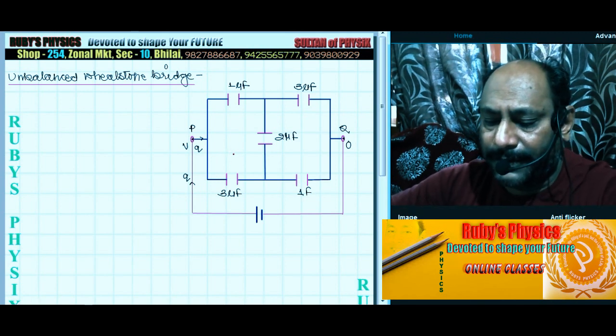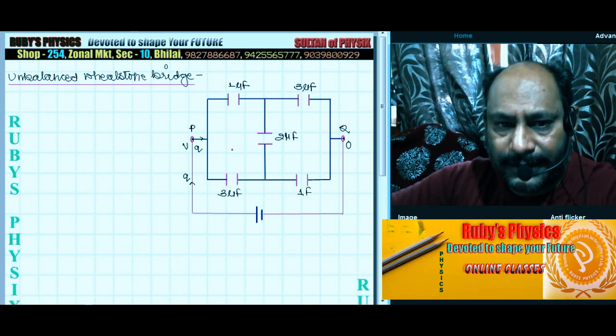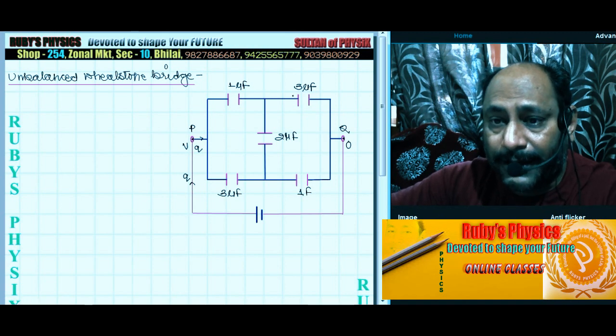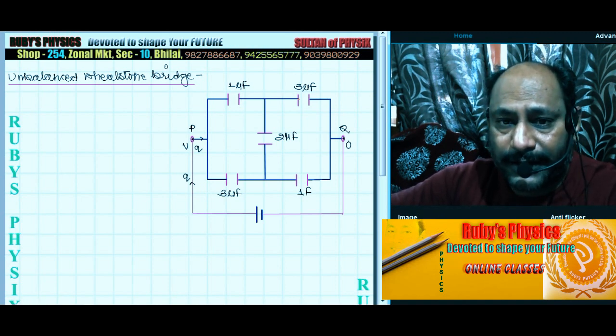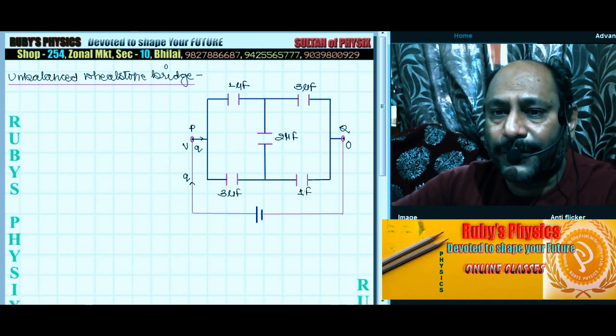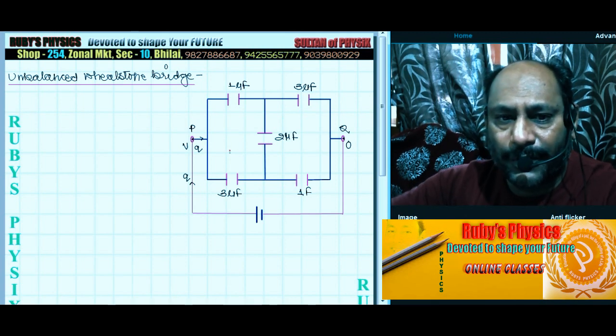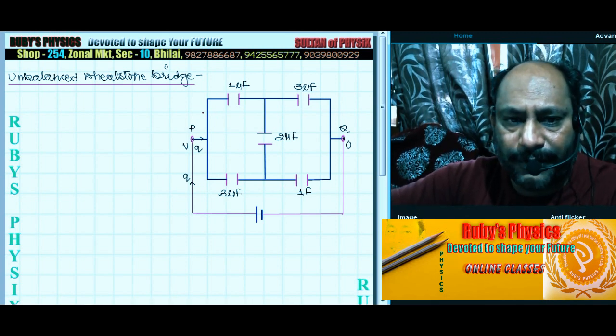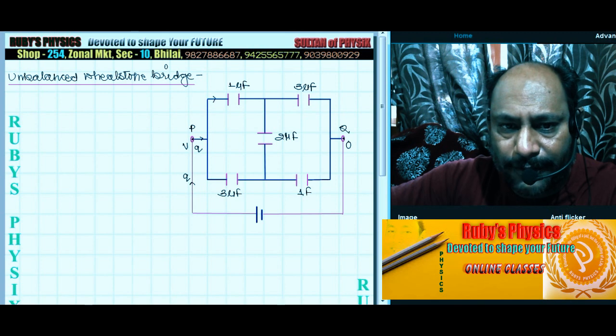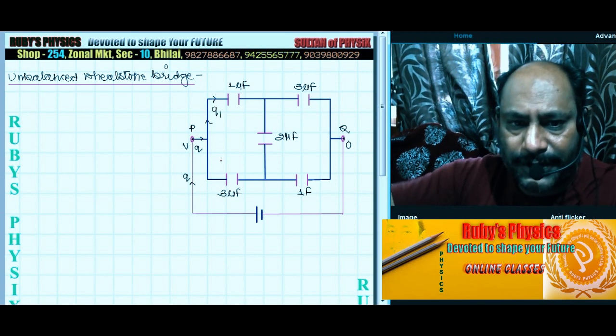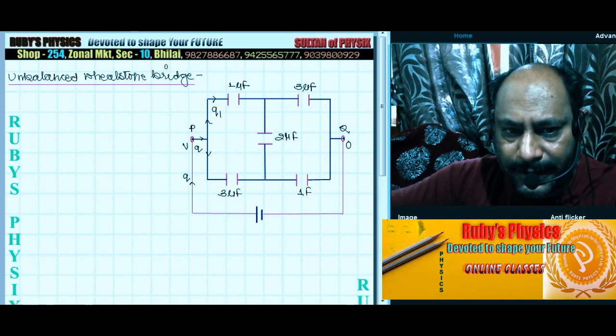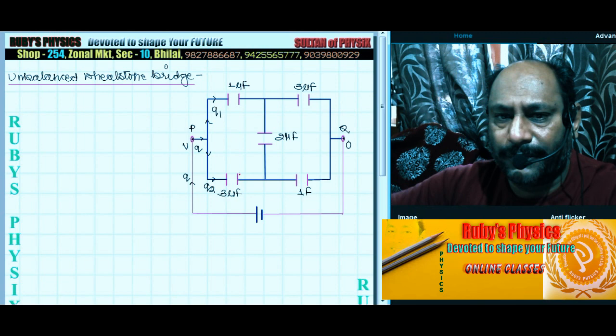Okay, now you just see that this is an inverted circuit, 1, 3, then here it is reversed, 3 and 1. So let this charge Q be divided into two parts. From here, in this position, let the charge flown be Q1. From here, in this position, let the charge be Q2.